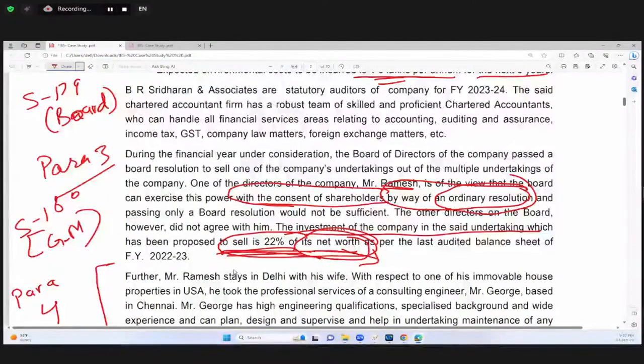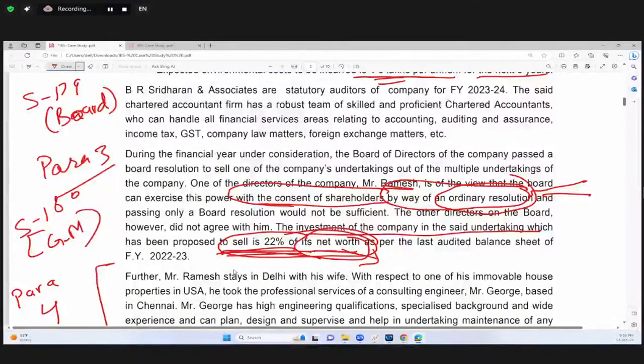Now there are two types of resolutions, ordinary resolution and special resolution. You students would know the difference. If the company law specifies that a certain item has to be passed by ordinary resolution, then the votes in favor of that item need a simple majority.